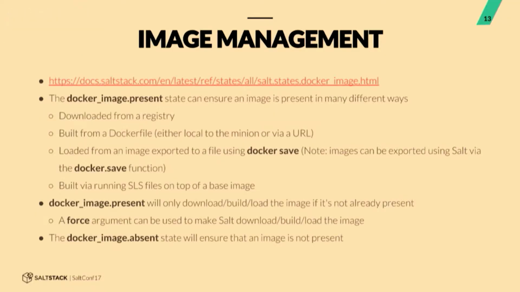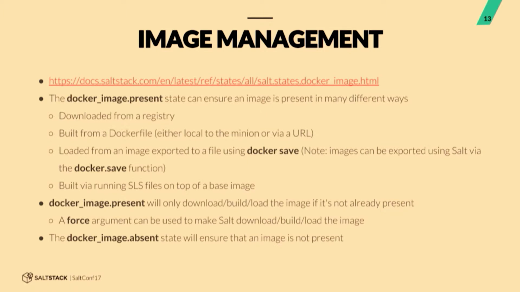Image management. There's two states for image management. One, docker_image.present, will make sure that the image is present, and then there's docker_image.absent to make sure that the image is not pulled locally. The docker_image.present can actually handle images in 4 different ways.